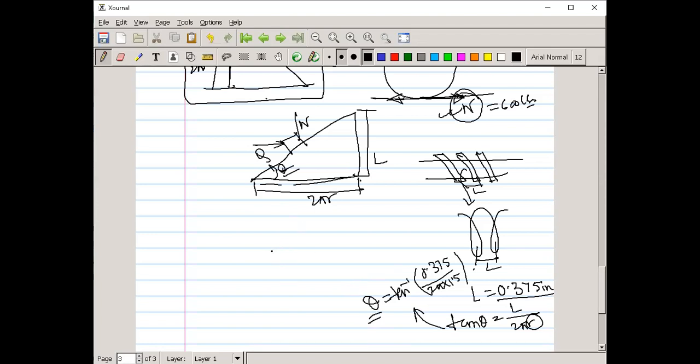Now, another concept is there: we have to try to move this block in the upward direction. In that case, this is your normal, and in the friction, this is your normal.